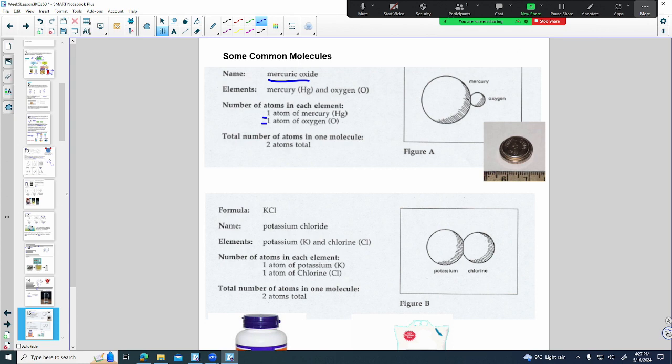Total number of atoms is 2. Okay, I forgot to put the formula for mercuric oxide, so that would be just HgO.